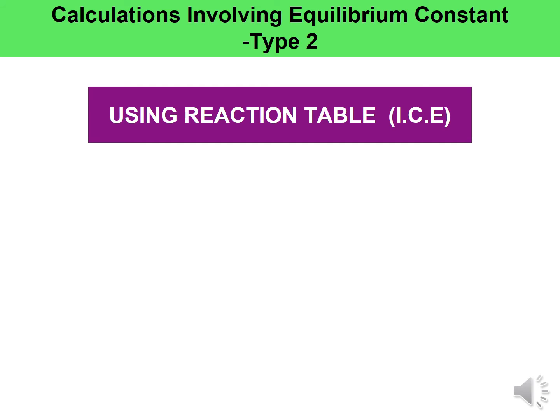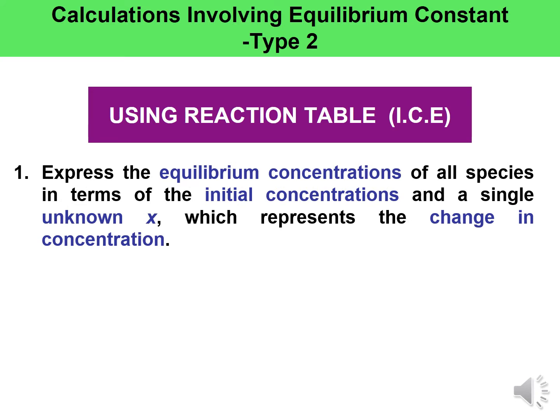For calculation of type 2, we need to have an ICE table, which is initial, change, and equilibrium table. From the ICE table, we can express the equilibrium concentrations of all species in terms of the initial concentrations and a single unknown x, which represents the change in concentration.